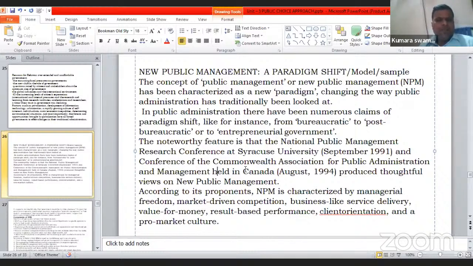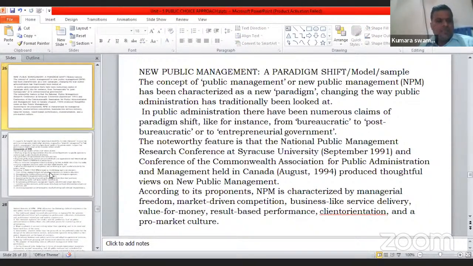These gave a few setting models for new public administration or new public management in the world. They focused on performance, client orientation and promoting a market culture in new public management.